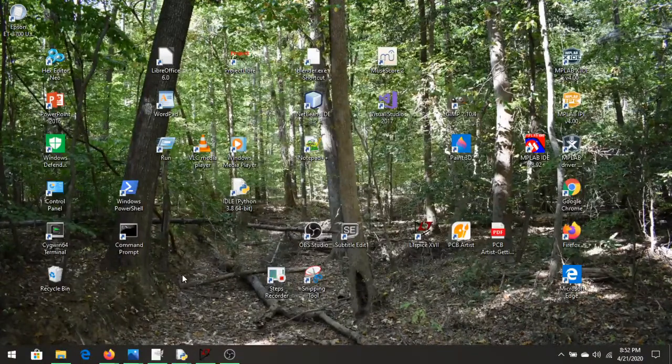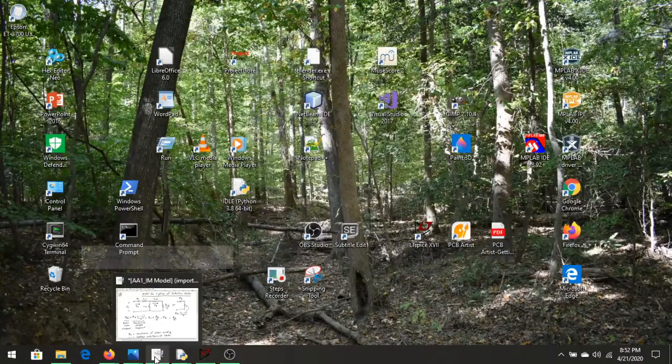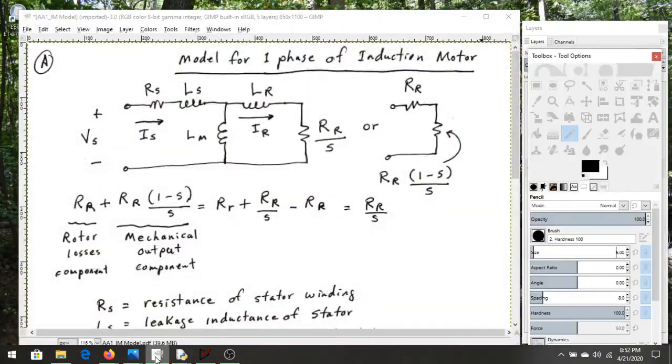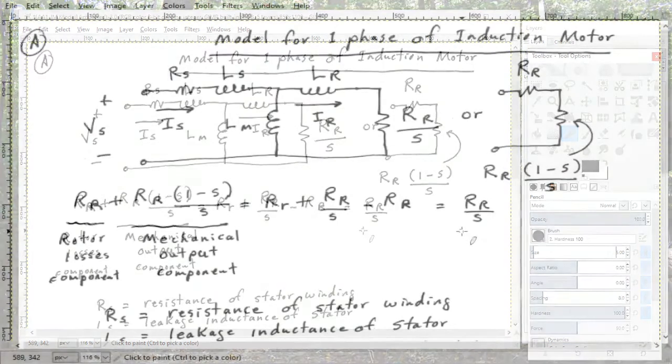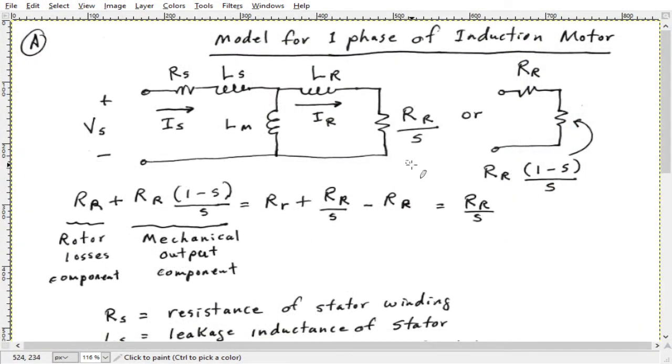Alright, let's go in and look at a model. Let me bring this up and zoom in here. Here's the model that we're using for the induction motor. Notice we've got some resistors and some inductors. Let's go through and see what's happening.